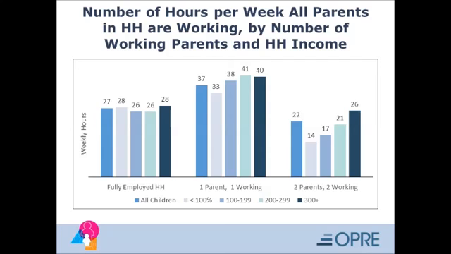Now, if you just think about that, if you have two parents who are working a total of 80 hours, then if they worked exactly the same schedule, you would have 40 hours when they were both at work.